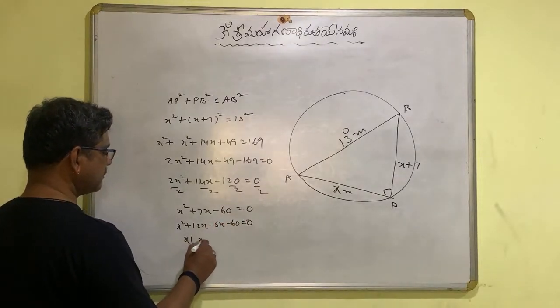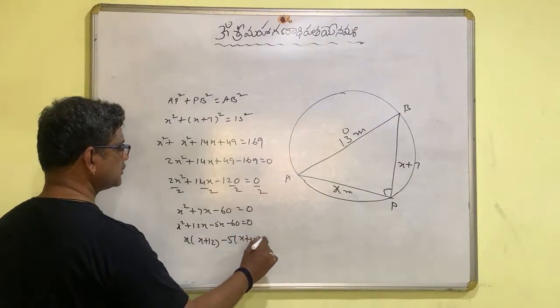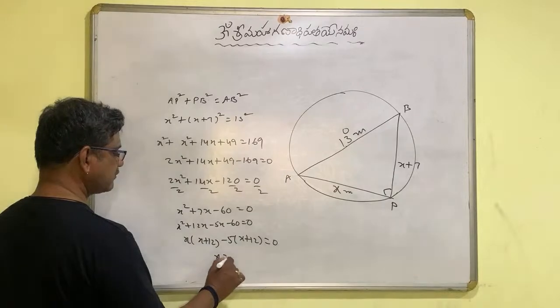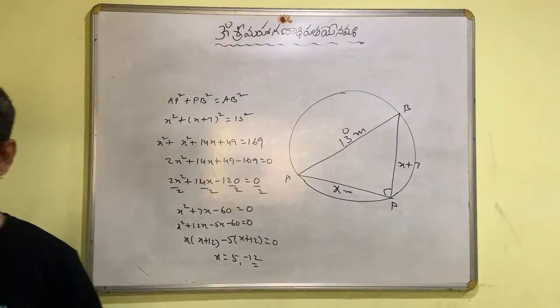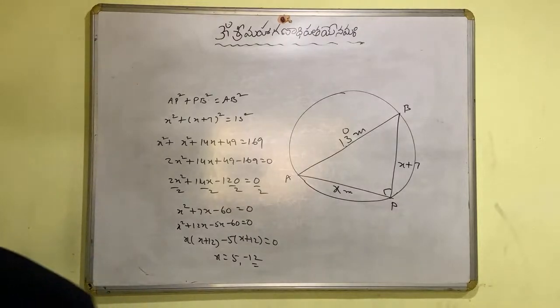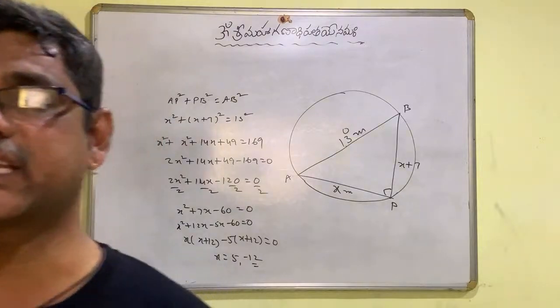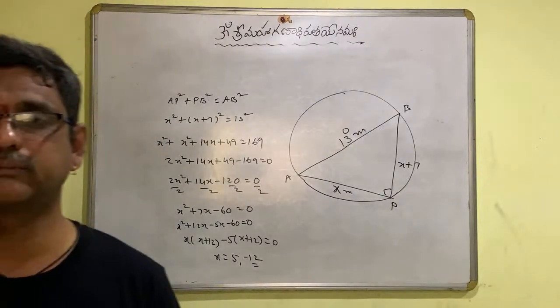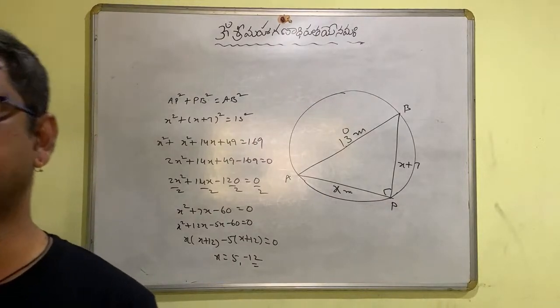If we take x common, x plus 12 minus 5 common, x plus 12 is equal to 0. So x will be 5 or negative 12. We will not consider negative values. We will consider only positive, because x is the distance. You need to write the reason also. So PA will be 5 meters and PB will be 12 meters.